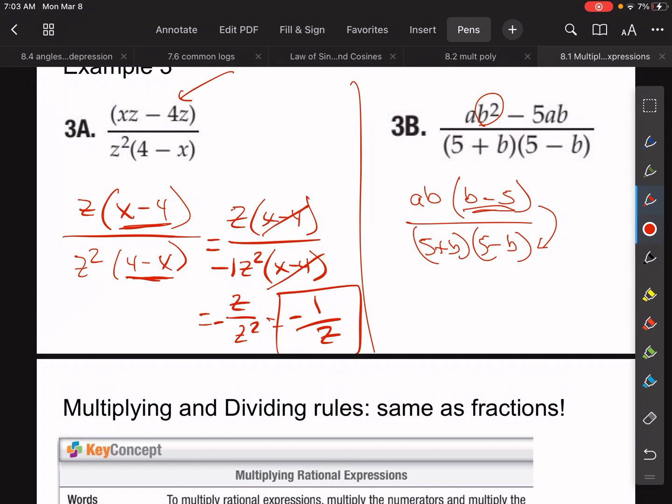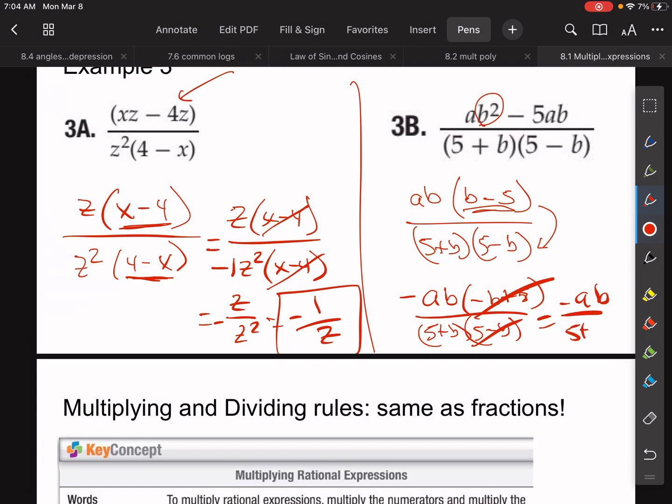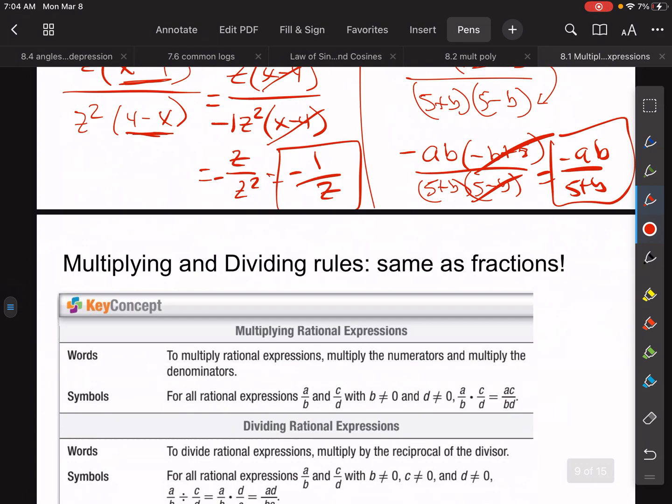So if I take a negative out, I have -ab, and then if I take a negative out, this turns to -b plus 5. So those signs have to change up top, over 5 plus b, 5 minus b. The -b plus 5 is the same thing as 5 minus b. So these can cancel, and I'm left with -ab over 5 plus b. So sometimes you have to take a -1 out to make this work.